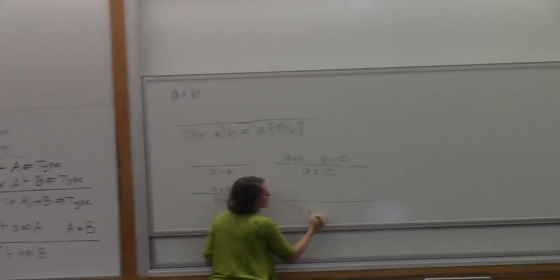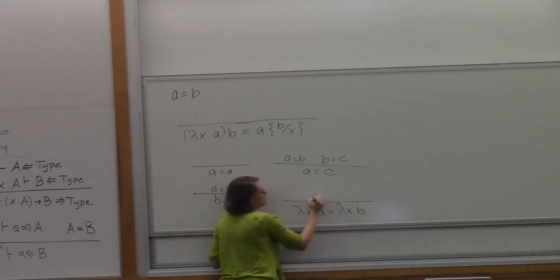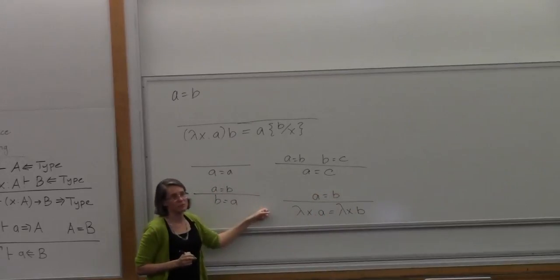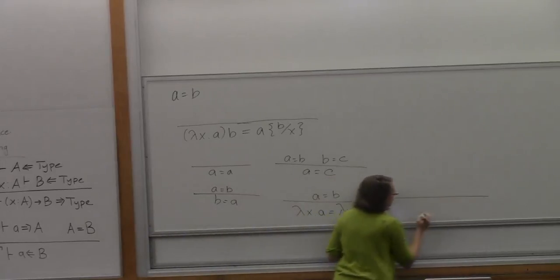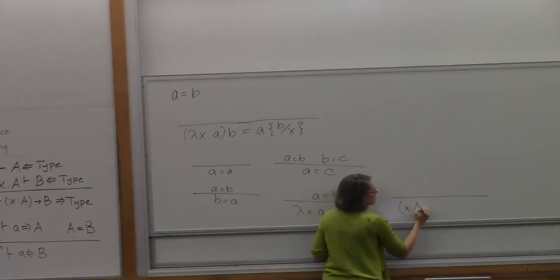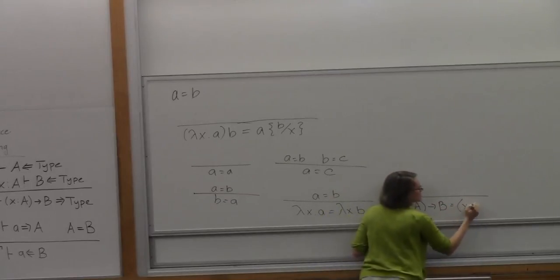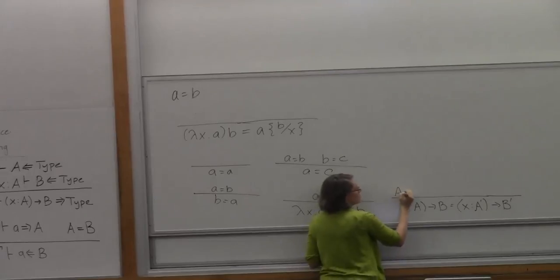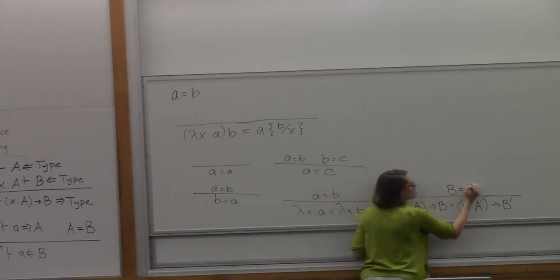Two lambda expressions should be equal if their bodies are equal. This is a congruence rule for lambda. And we're going to have another congruence rule for pi types. So we have two pi types. They should be equal when the domains are equal and the ranges are equal.